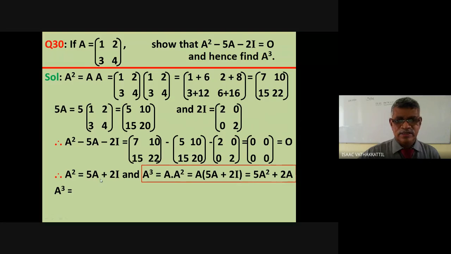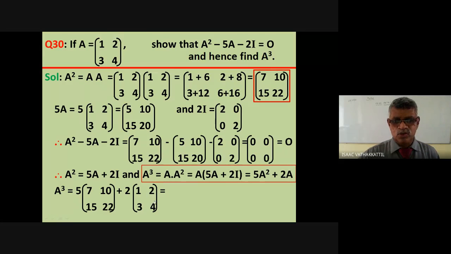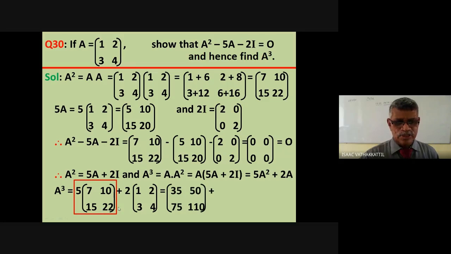5A squared, A squared is here. Where is A squared? 7, 10, 15, 22. 5A squared plus 2A. 5A squared, what is that? 35, 50, 75, 110. Plus 2A, 2, 4, 6, 8. And when I add, A cube I'm going to get, that is 37, 54, 81 and 108.